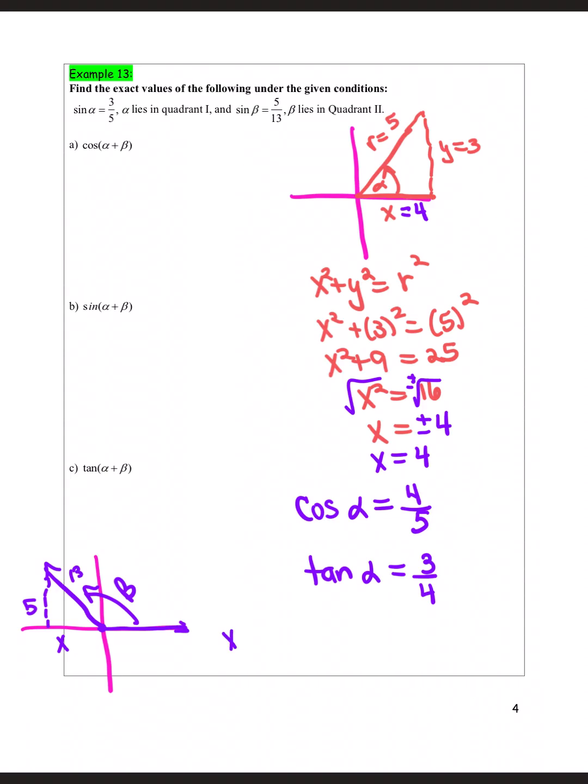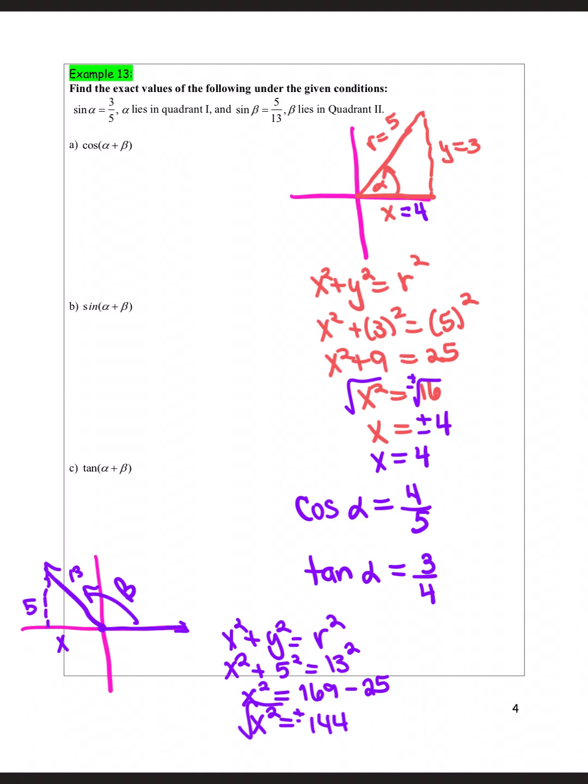So once again, we have x squared plus y squared equals r squared. X squared plus 5 squared equals 13 squared. I'm going to go ahead and subtract that. 13 squared is 169 minus 5 squared is 25. So we have x squared equals 144, and when I take the square root of both sides, it's always plus or minus.